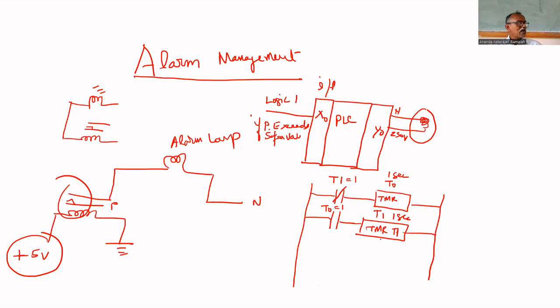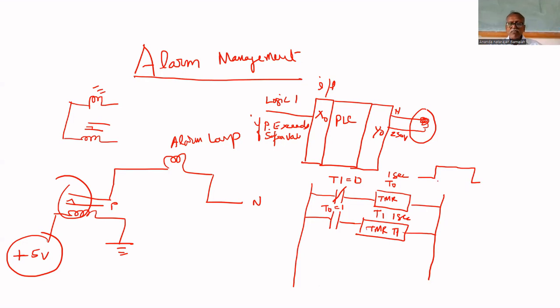After 1 second, this becomes 0. Till then, this timer is on. Till 1 second, it will be on. After 1 second, because T1 becomes 1, T1 bar becomes 0. That's why it will be turned off.